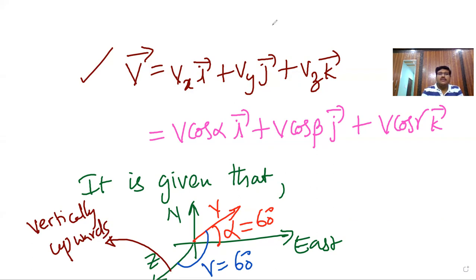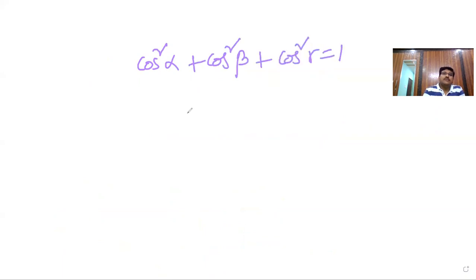Now, what is the unknown angle? The unknown angle is beta. Beta, with the y direction, is not given. Now we make use of the direction cosines concept: cos square alpha plus cos square beta plus cos square gamma is 1.